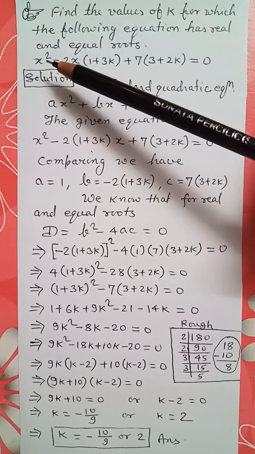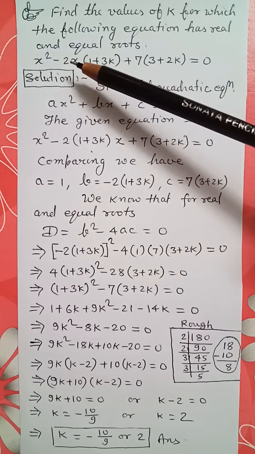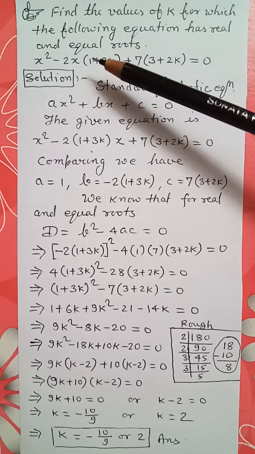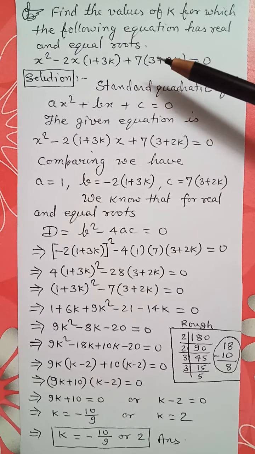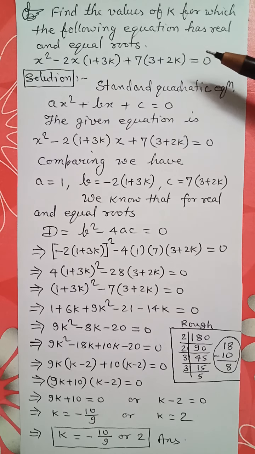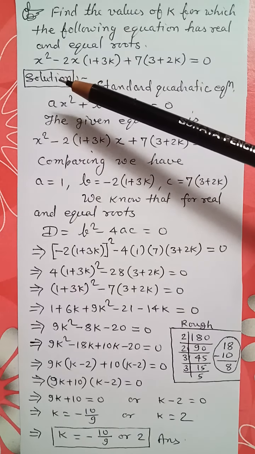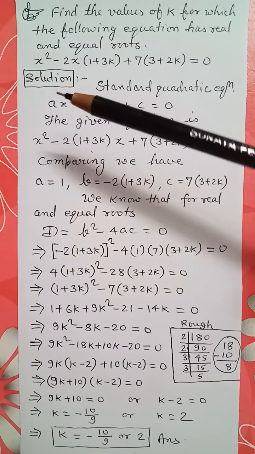The equation is x square minus 2 times (1 plus 3k) x plus 7 times (3 plus 2k) is equal to 0. Let us proceed for its solution.